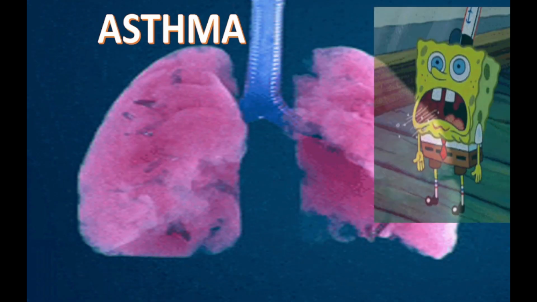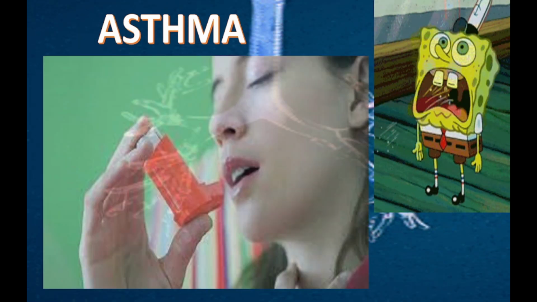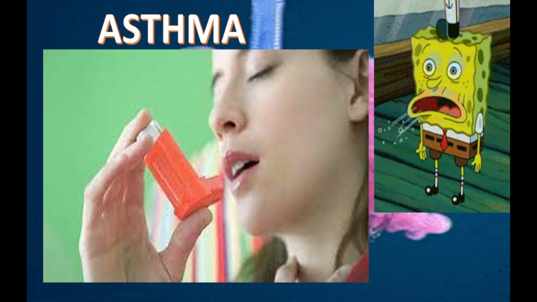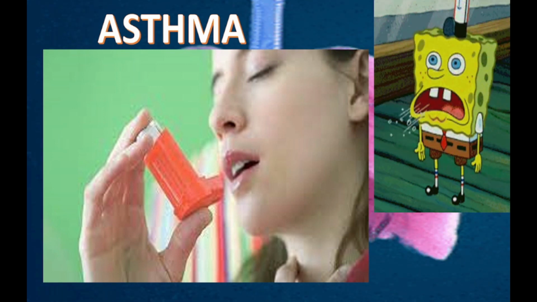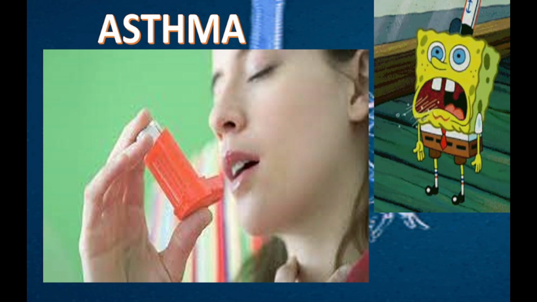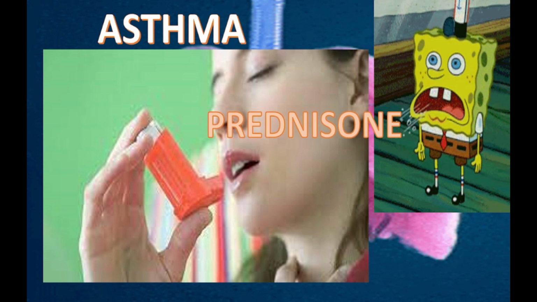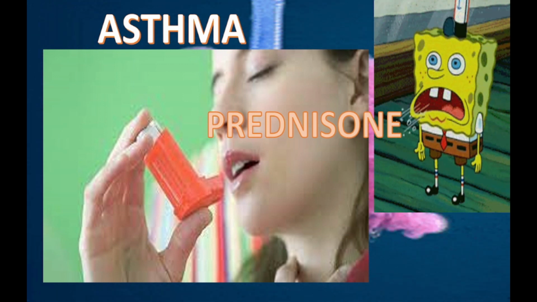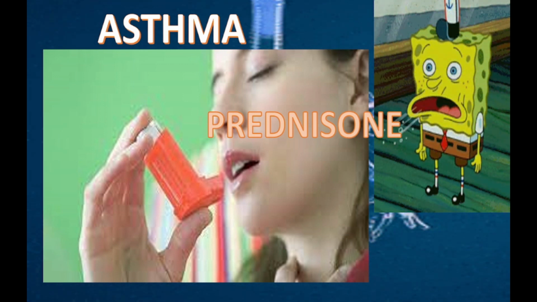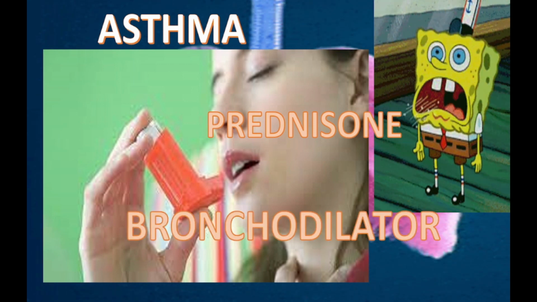To treat asthma, doctors recommend the use of inhalers. This device contains gas that can relieve and prevent symptoms of asthma. Many inhalers contain steroids like prednisone to treat inflammation. Others have a type of drug known as a bronchodilator to open up your airway.